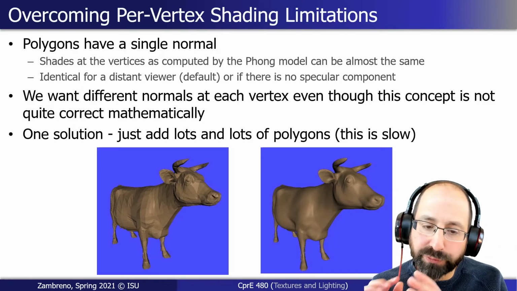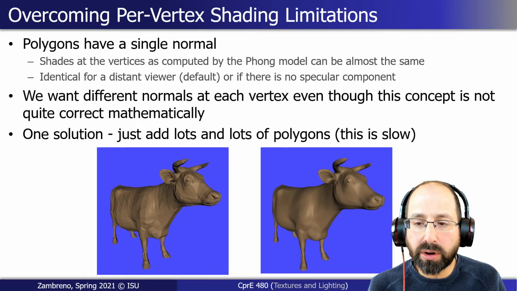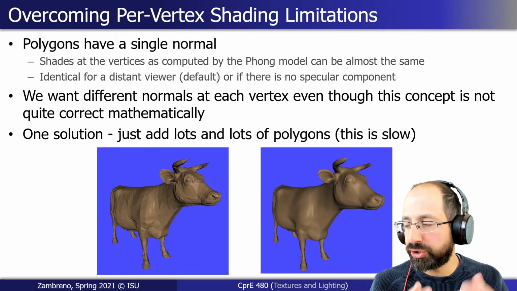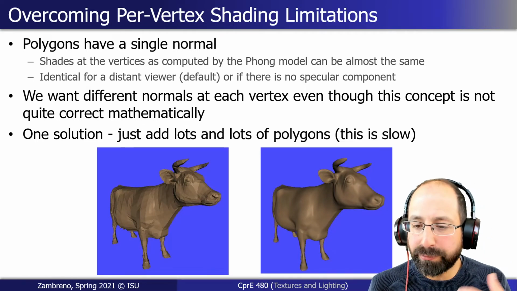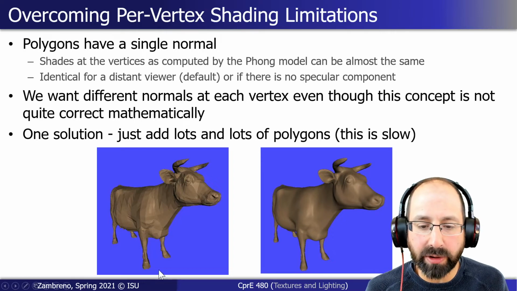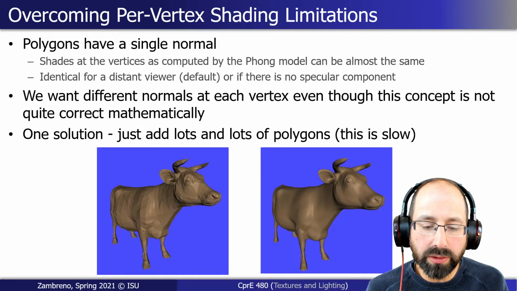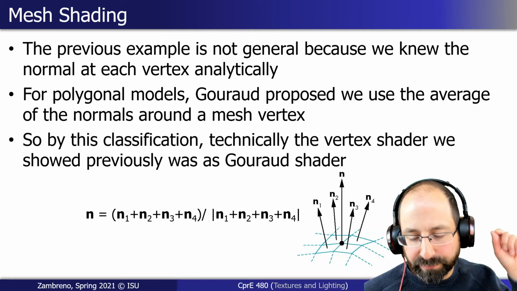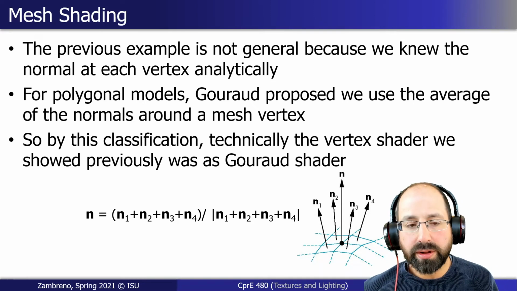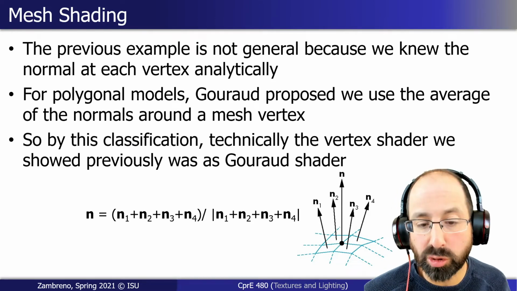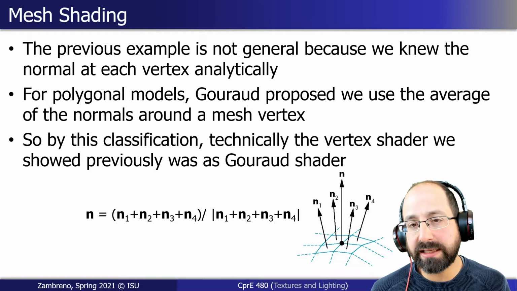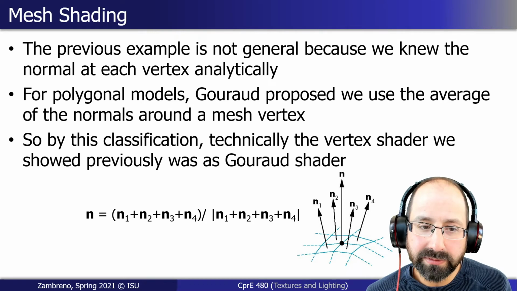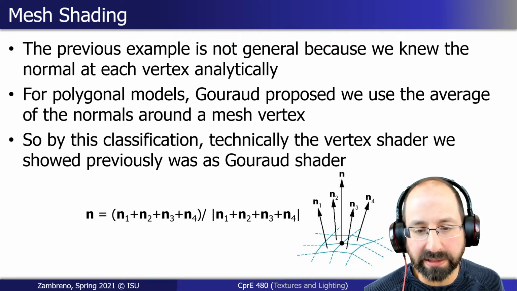We can also do per vertex shading if we have some sort of approach to calculating a different surface normal at each vertex. And when we refer to this as Gouraud shading, which is a very common thing we would want to implement here, we can do so via just a very simple kind of average and say, well, for my particular vertex, as I am determining the surface normal for it, I know that this vertex, if we're part of a mesh here, is connected to multiple polygons.